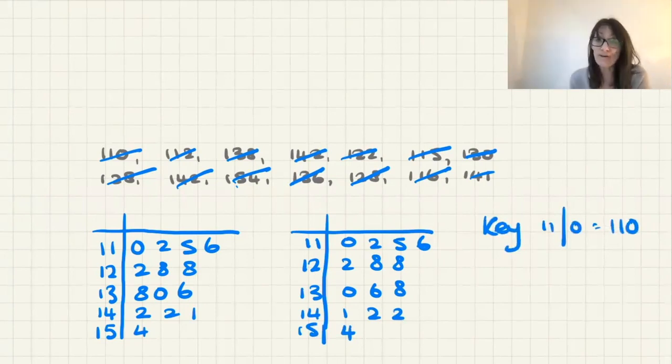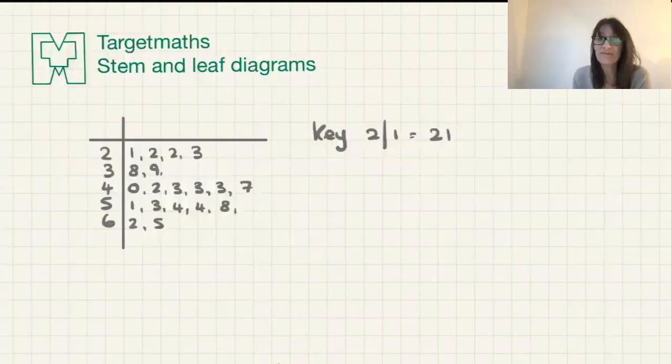So that's drawing a stem and leaf, which could be your question, or they might have it drawn already for you. If they've got it drawn already for you, then it's going to be an interpreting question. So they're going to be asking you questions about the diagram. And these questions come in the form of averages. So you need to know your mode and your median and your range and not get in a muddle.